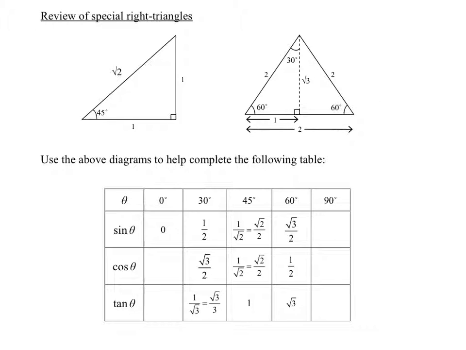The cosine, you would have this side here divided by a side that was very, very close to the same length. So 1 divided by something that was very close to 1. Once this angle here gets closer and closer to 0, it becomes actually 1 itself. And then the tangent is just the opposite over the adjacent. So the opposite divided by 1 again is going to be just 0.